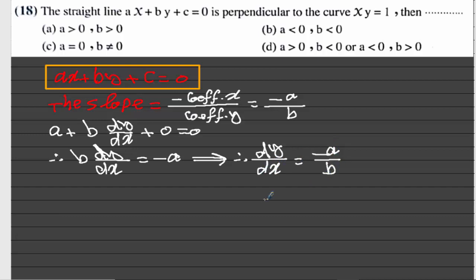Okay, we have also the equation of the curve xy equals 1. So y equals 1 over x.